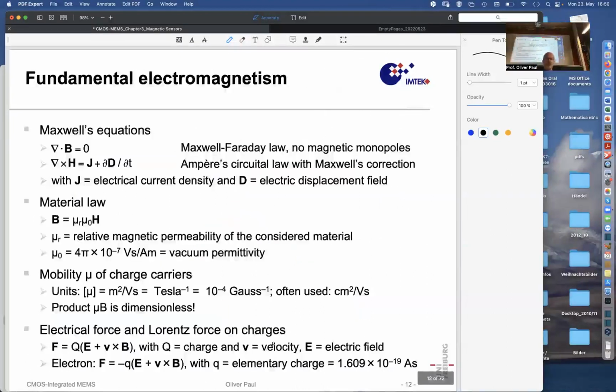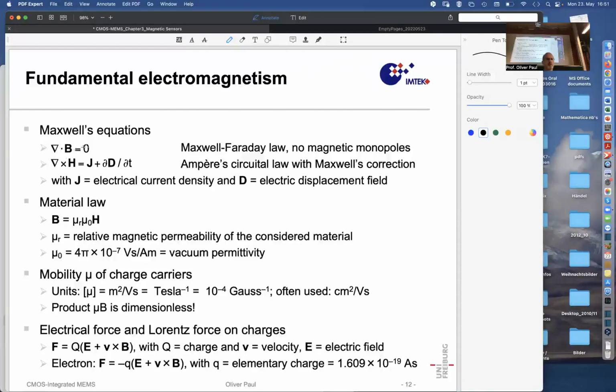So now we have to deal with some fundamentals. The fundamental of anything electromagnetic is Maxwell's equations, and we have here two equations that are good to remind. Namely, this B field is a divergence-free field.